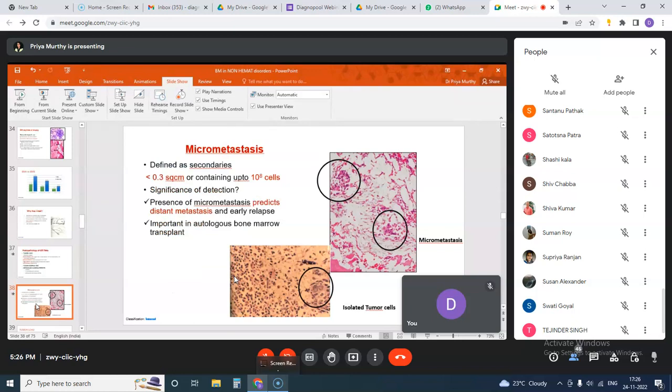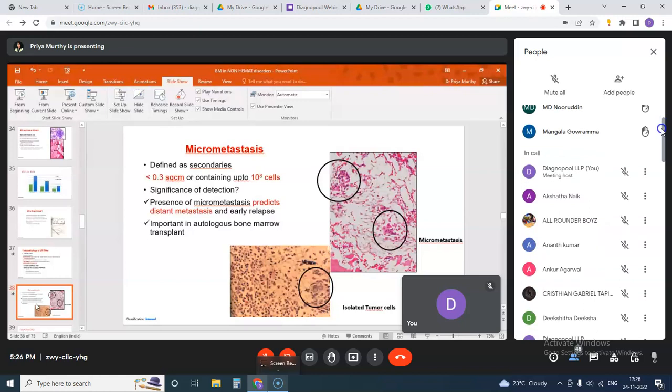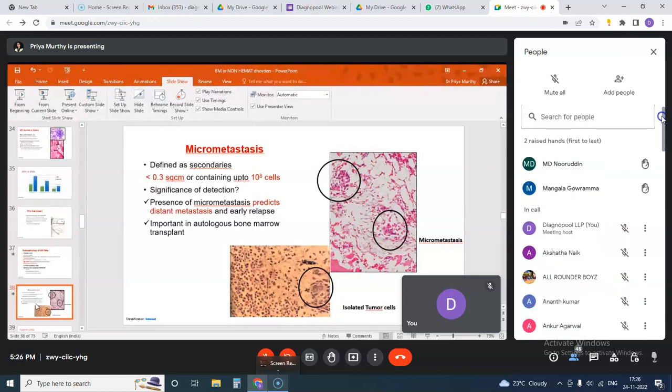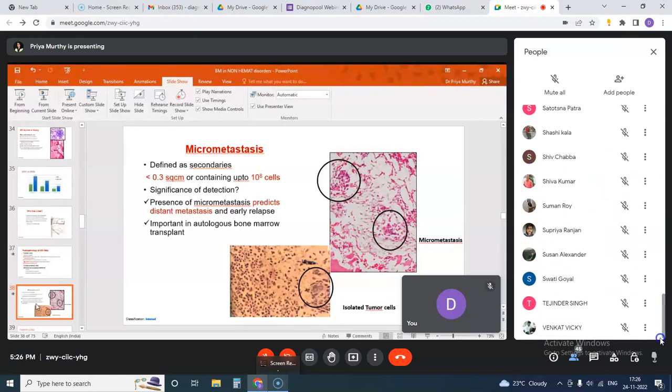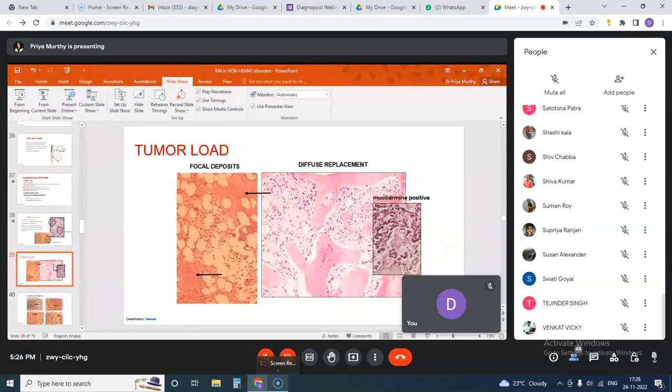Isolated tumor cells are individual cells which, when we look carefully, can be seen amongst the hemopoietic cells. Micrometastasis is defined as small clusters of cells measuring less than 0.3 square centimeters, and usually it predicts distant metastasis and early relapse. They can be confirmed with the help of immunohistochemical stains.